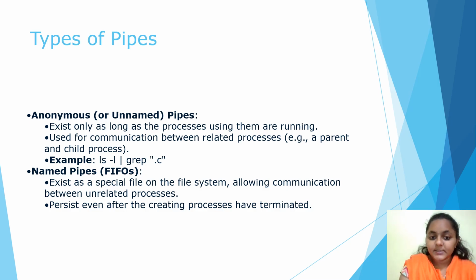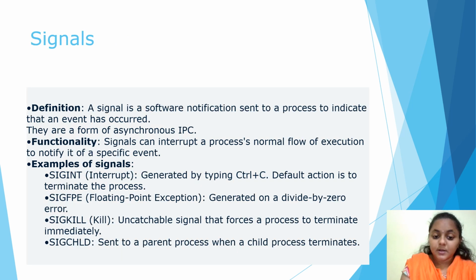Here ls and grep communicate using an anonymous pipe. Named pipes exist as special files in the file system and are used for communication between unrelated processes. They remain available even after the creating process terminates. Anonymous pipes are temporary. Named pipes are permanent until we delete them.